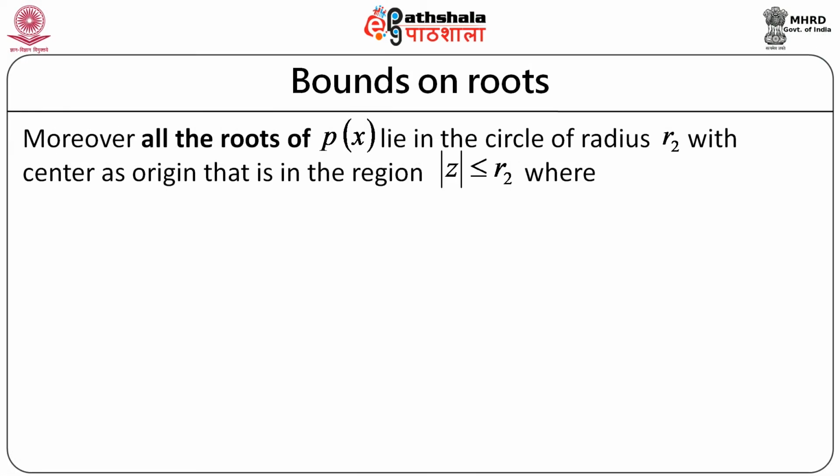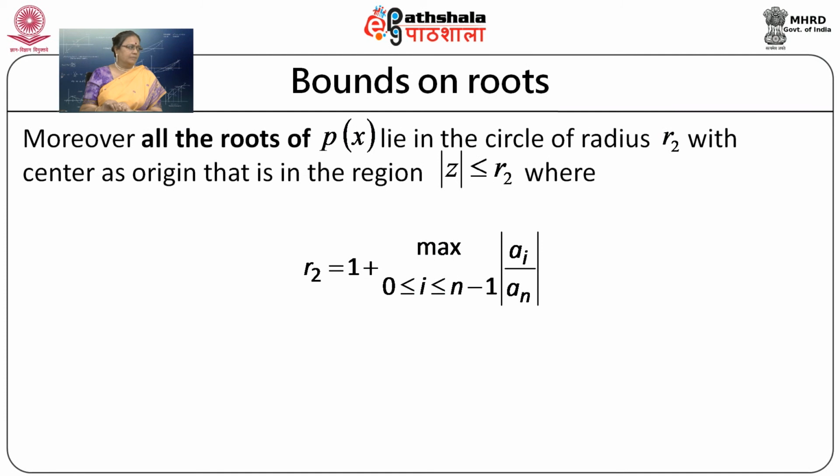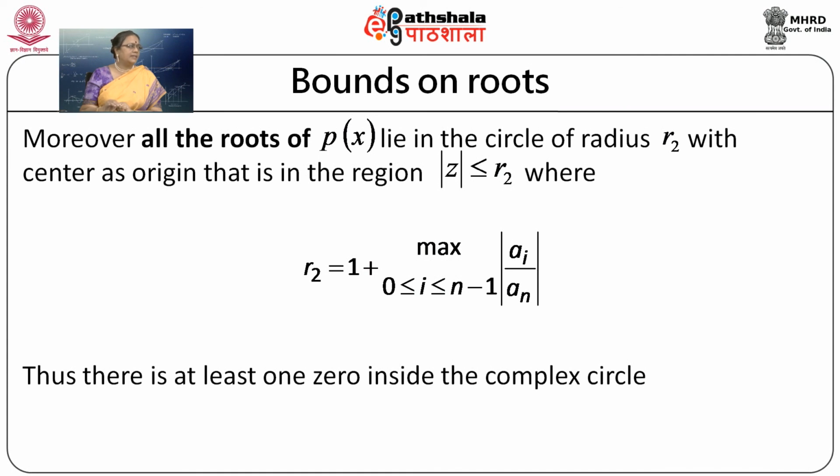It also says that all the roots of p(x) lie within the circle of radius r2. So, they will lie in the region defined as the absolute value of z less than or equal to r2, where r2 is given by 1 plus the maximum of the absolute values of ai by an, that is a0 by an, a1 by an, a2 by an, and so on up to a(n-1) by an, where i ranges from 0 to n minus 1.